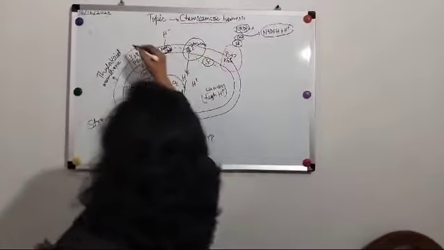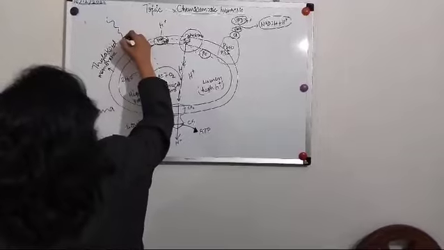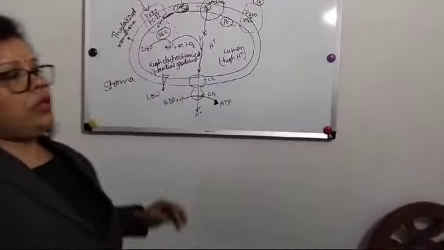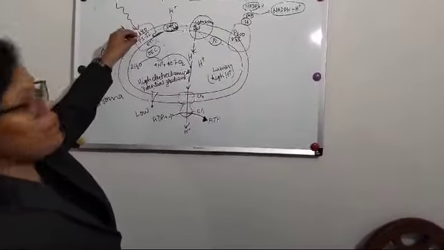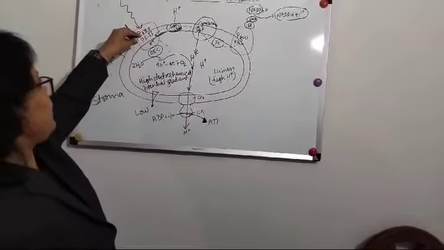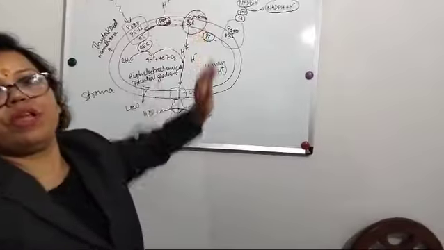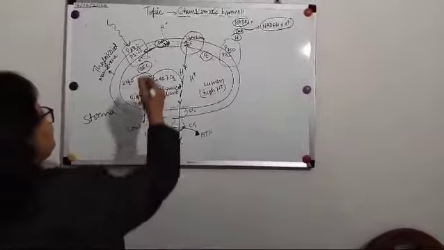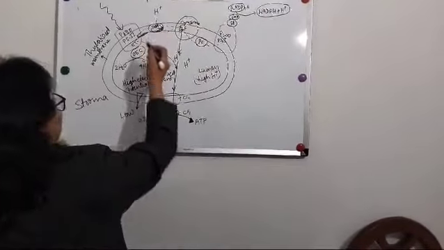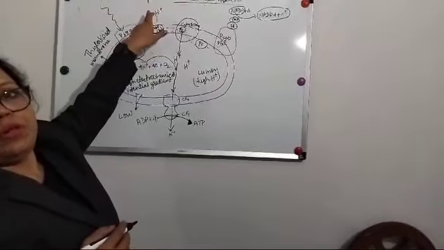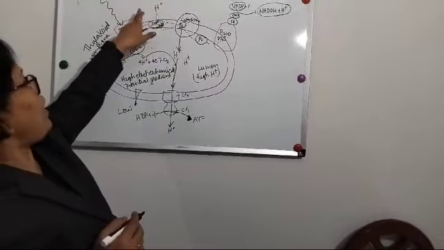Now, when the light rays fall on PS2, the energy is received by this reaction center, the electron gets excited and it will transfer to the electron carrier in the membrane. This electron carrier, plastoquinone, also works as a proton pump or hydrogen carrier.